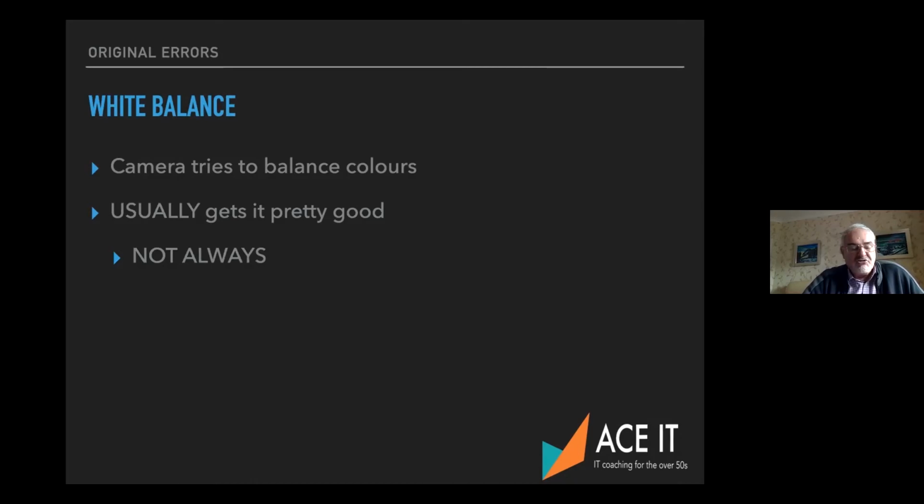Snowfields, sunsets. If you're in a building which has got very coloured walls, fashionable purple or green walls, and they put a cast on the skin, it's going to assume that green is white, and all of a sudden you're going to end up with some interesting results which you'll have to try and adjust in your editing.